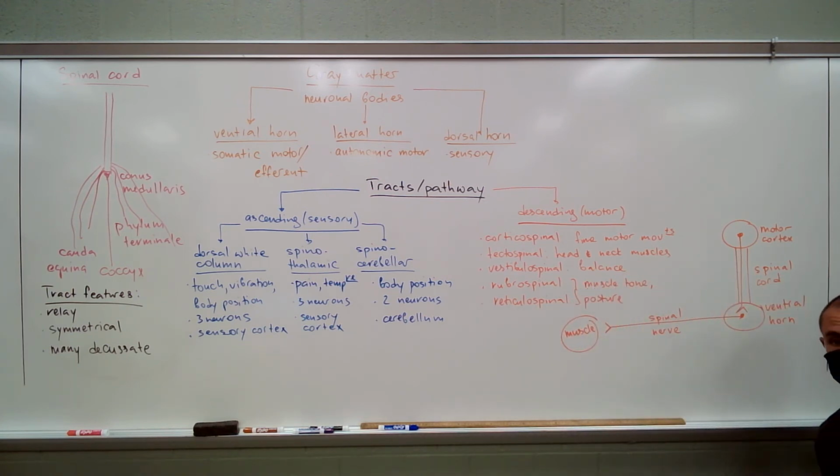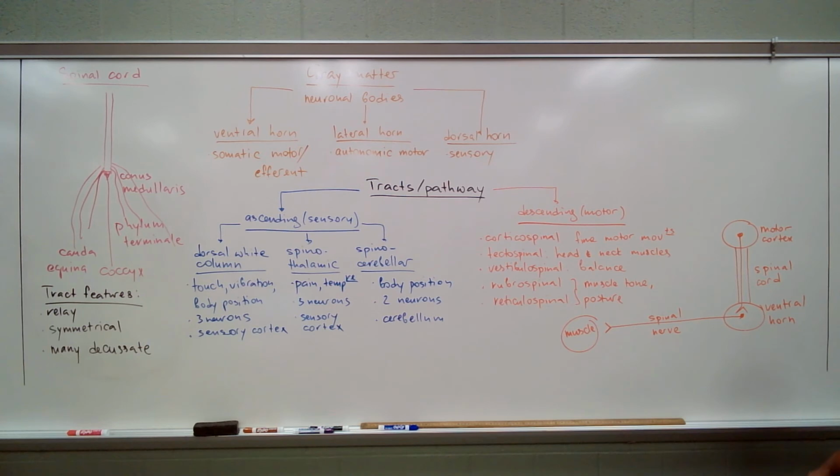Okay, does that make sense to you? So you have a neuron that goes from the motor cortex via the spinal cord and synapses with the second neuron in the ventral horn. That second neuron controls the muscle. We clear?